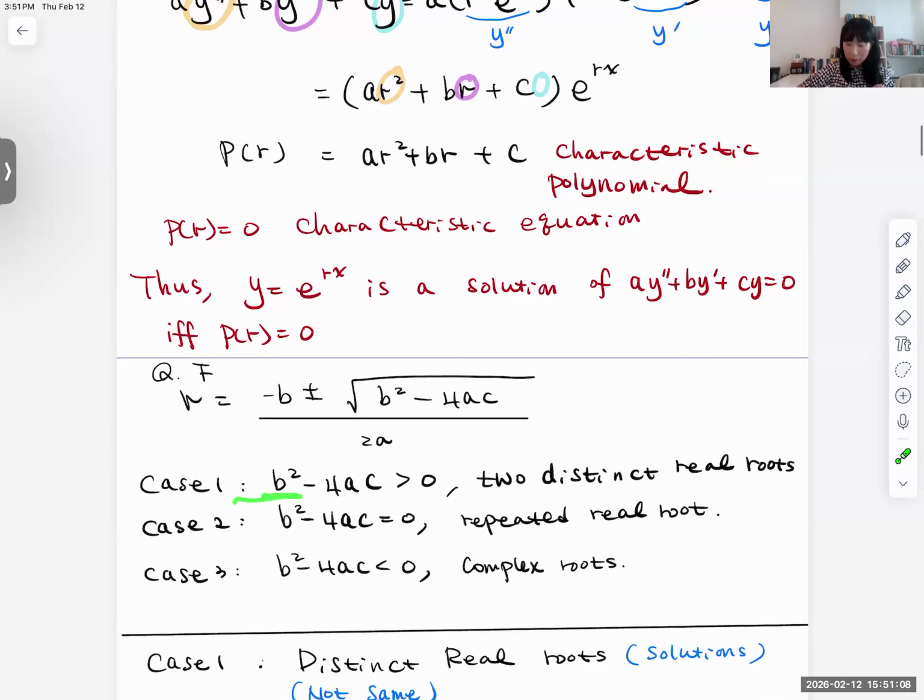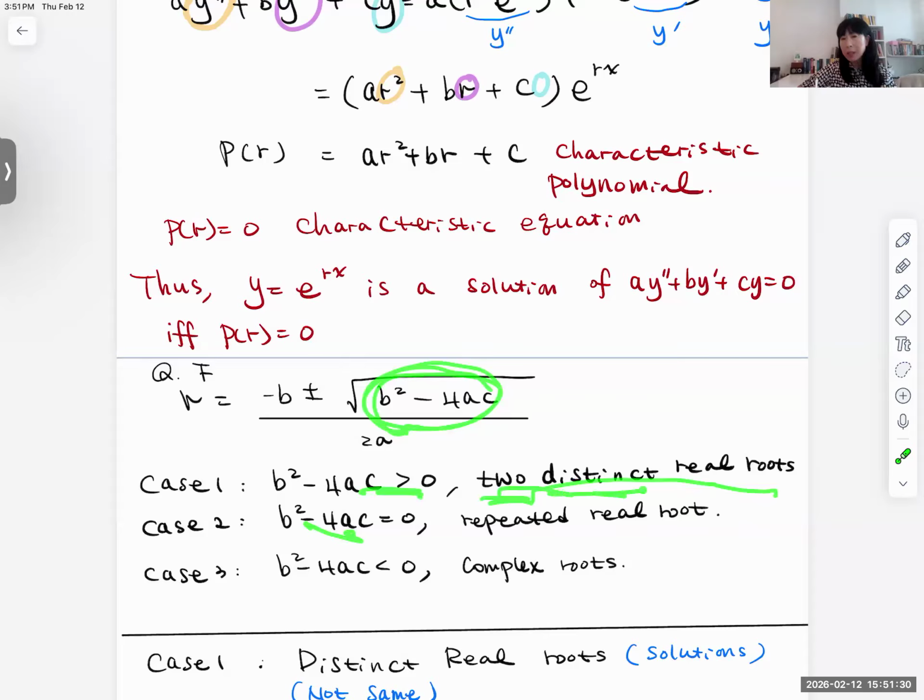In the first case, the expression inside the square root is greater than 0. Then there are two distinct real solutions.